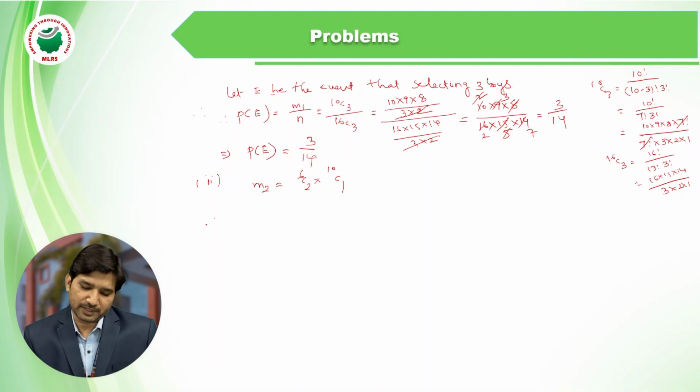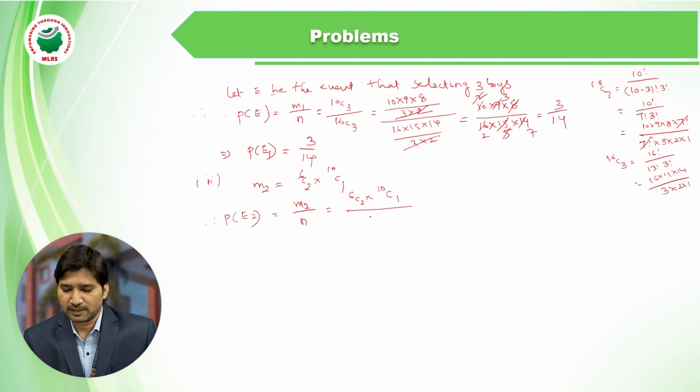Therefore, the probability P of E2, this is E1 and this is E2, equals M2 by N. That is 6C2 into 10C1 divided by 16C3.